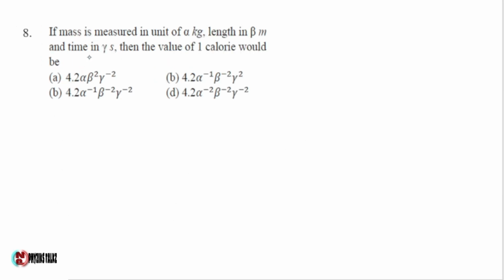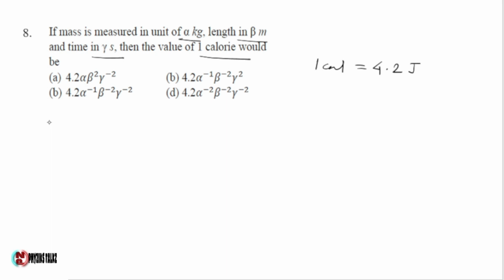Next question: if the mass is measured in unit of alpha kg, length in beta meter, and time in gamma second, then the value of 1 calorie would be. Now we know that 1 calorie equals 4.2 joule in SI unit. Now we have to find 1 joule equals what amount in new unit.